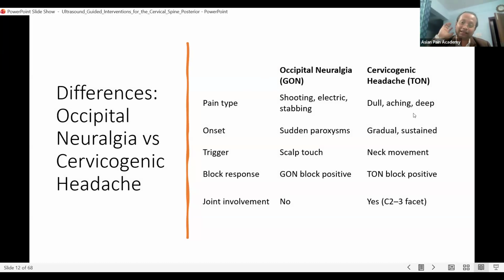So facet joint pain is a dull aching, continuous, localized pain, whereas neuralgia is an electric shock like, dermatomal pain. This is the difference. Ultimately, treatment for neuralgia is around the nerve, hydrodissection of the nerve, whereas if it is a facet joint, you will target the joint or the supplying nerve, the median branches.